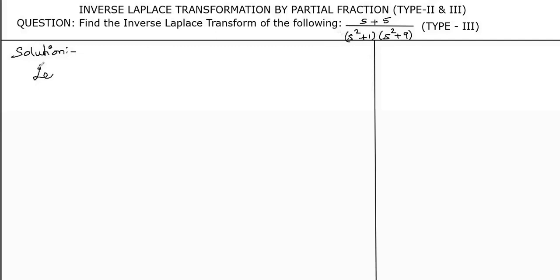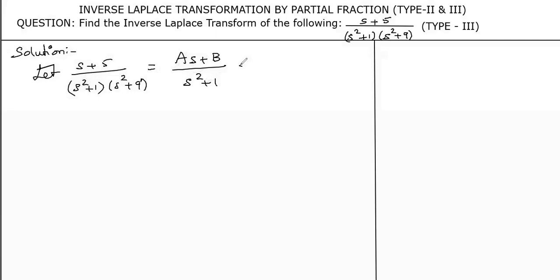We have to assume s plus 5 over s square plus 1 times s square plus 9 should be written like this: as plus b over the first term, s square plus 1. And for the second term, cs plus d over s square plus 9 should be written.